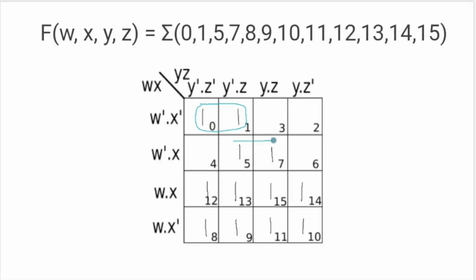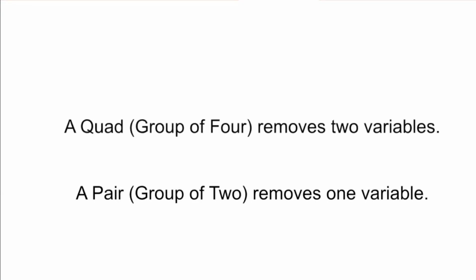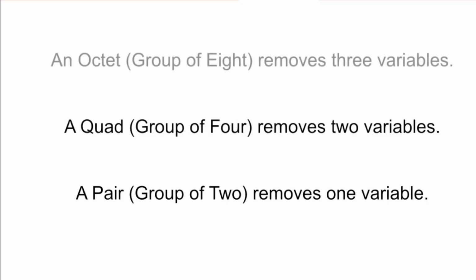This is a quad, that is a group of 4, and this is an octet, that is a group of 8. An important point to note over here is that a pair removes 1 variable, a quad removes 2 variables, and an octet removes 3 variables.